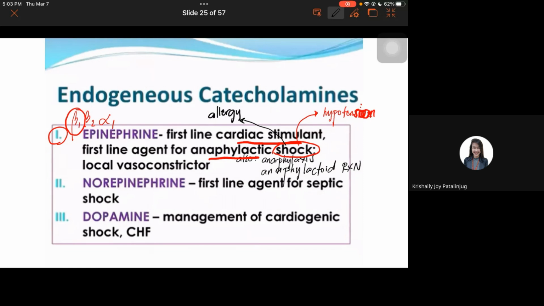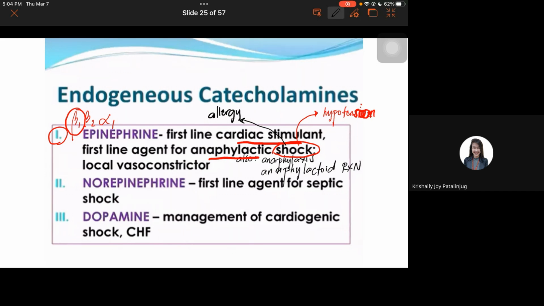Pag sinabing anaphylactic, not anaphylaxis, anaphylactic. Again, kapag ang cause ng shock state ng tao is allergy, we call that anaphylactic shock. And correct, that is life-threatening if that is not given correct intervention or not correctly managed, no?